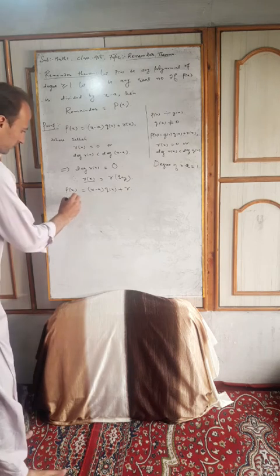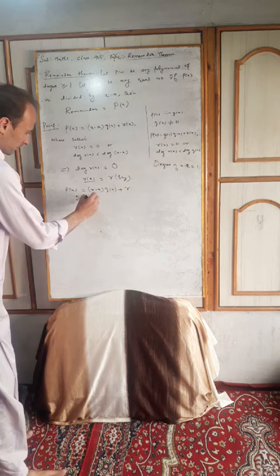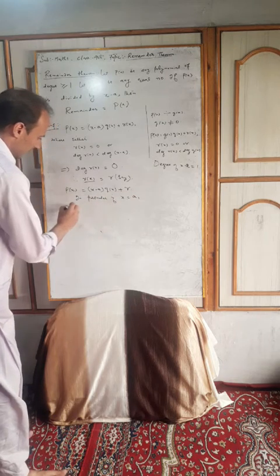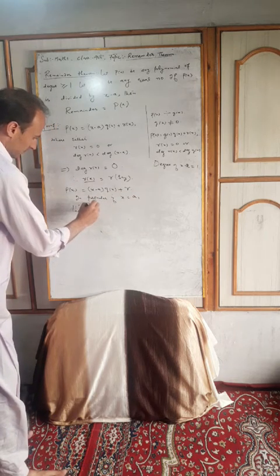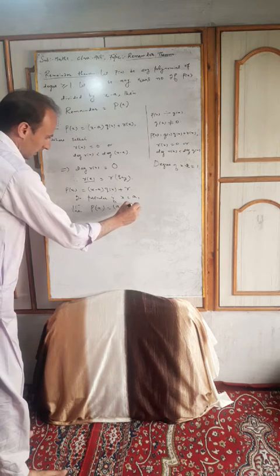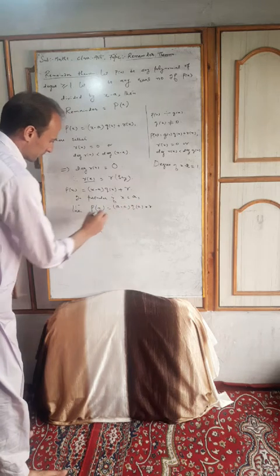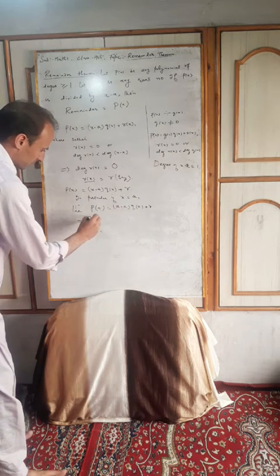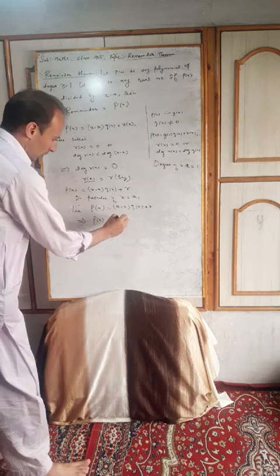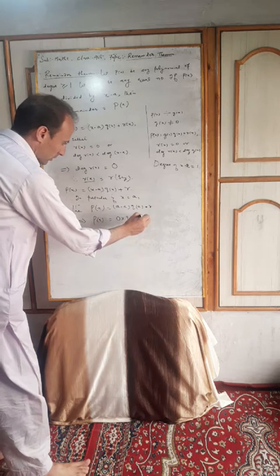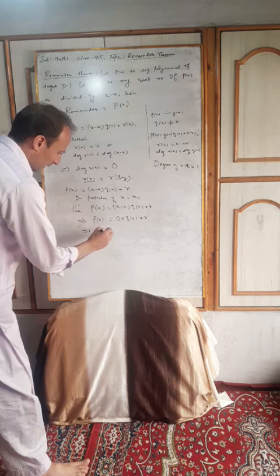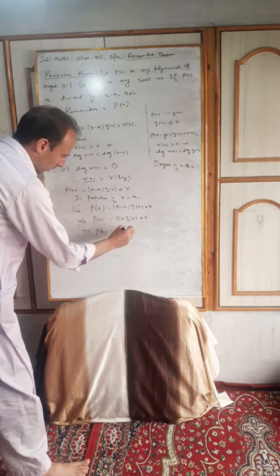In particular, if x is equal to a, then p of a is equal to a minus a into q of a plus r, which implies p of a is equal to a minus a is 0 into q of a plus r, which implies p of a is equal to 0 plus r.